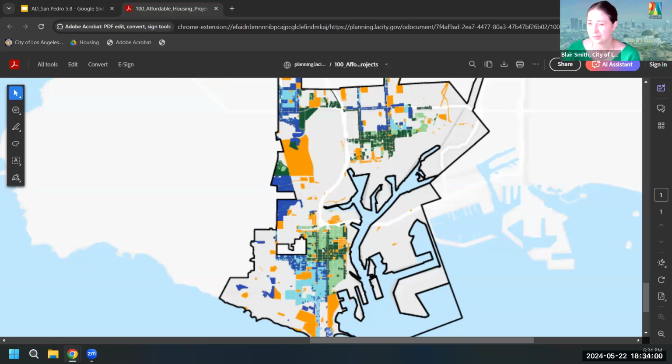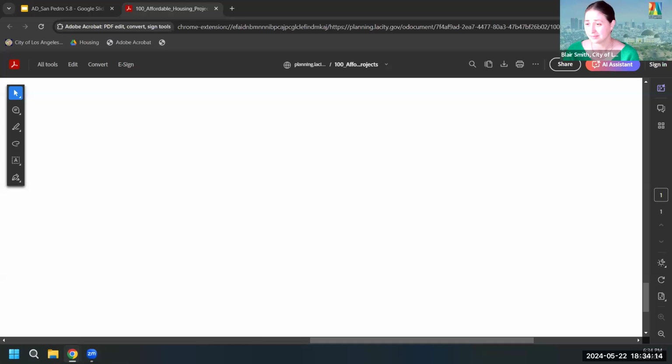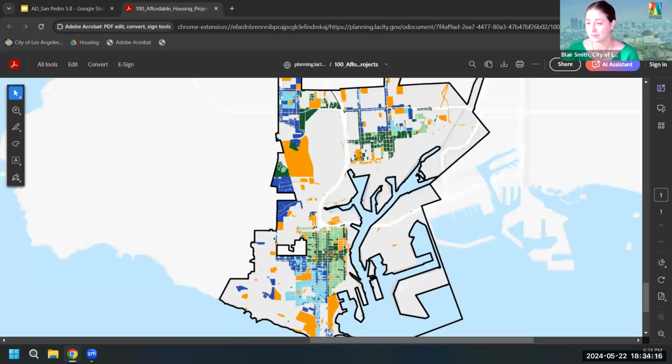We've seen that in our TOC projects and other projects in the city. Even right next to a major transit station, where we want to see less parking, people are still building it, right? And that's something we all wrestle with, how much parking we really need.